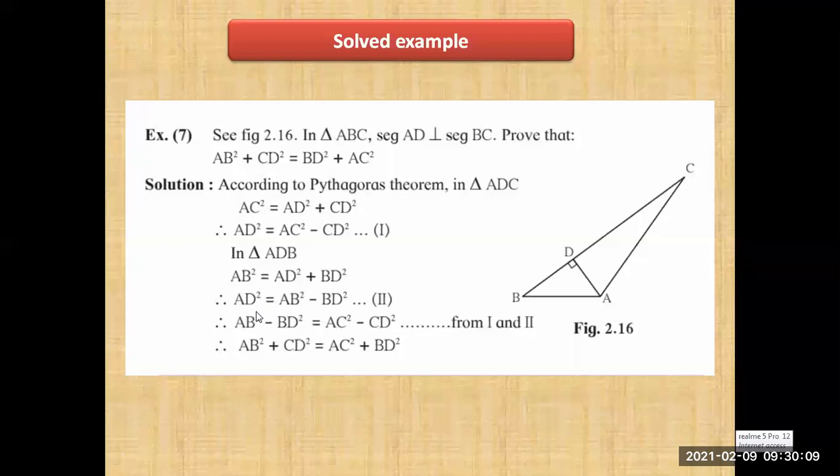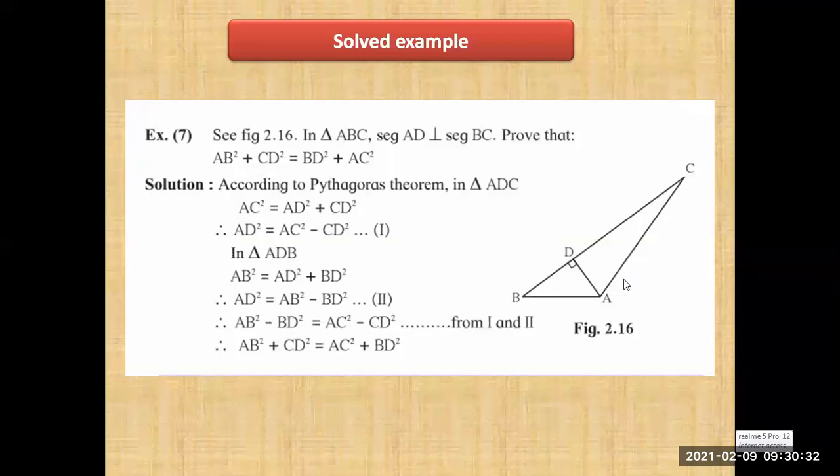We write AB square minus BD square is equal to AC square minus CD square. Then we have to prove the required condition. So AB square as it is. Put this CD square on the left hand side, so minus becomes plus, and this becomes plus. So AB square plus CD square is equal to AC square plus BD square.